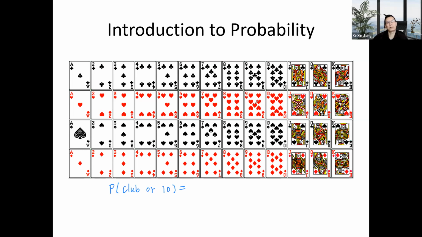Okay, so I got an answer. I'm going to list some of the answers I got. I got 14 out of 52. I got 4 out of 13. I'm not saying which is the right answer, but I'm listing them, okay? This number comes from 16 out of 52. Can I have a different answer?